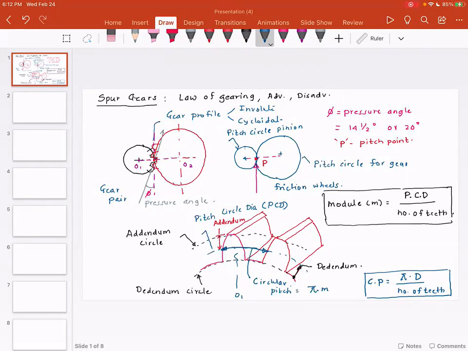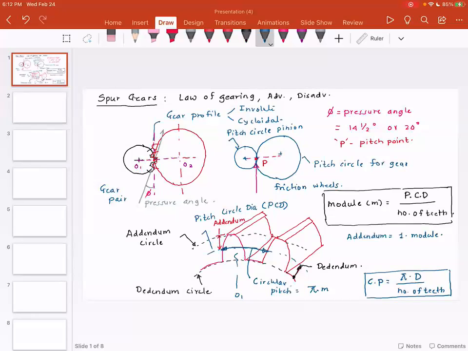Now, one thing that I want you to understand is that the addendum and dedendum are related with module. Typically, the addendum is equal to 1 times module.